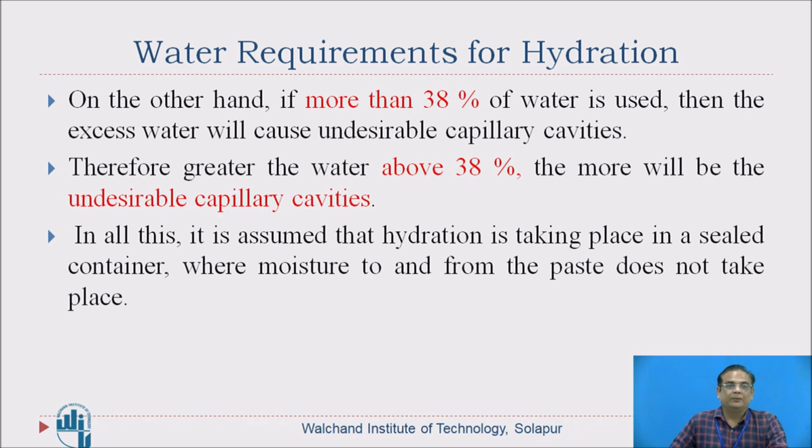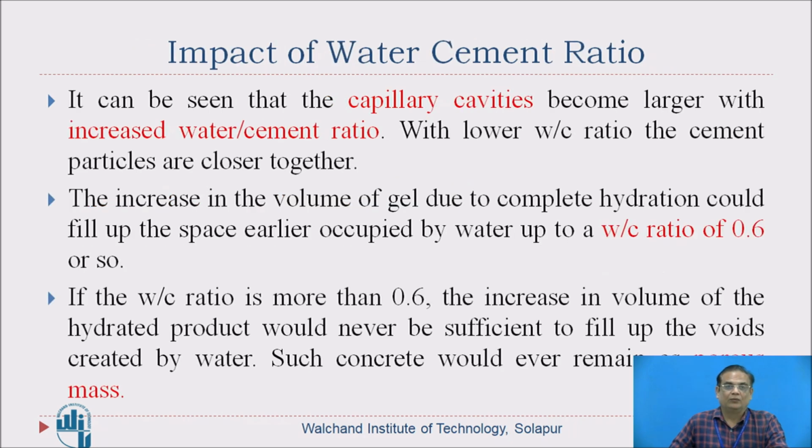This 38% of water is assumed to be required when you are mixing cement and water in a sealed container, remember. Water greater than 38% will cause undesirable capillary cavities in cement paste, which will hamper the strength of concrete. Now let us see what is the impact of water cement ratio.